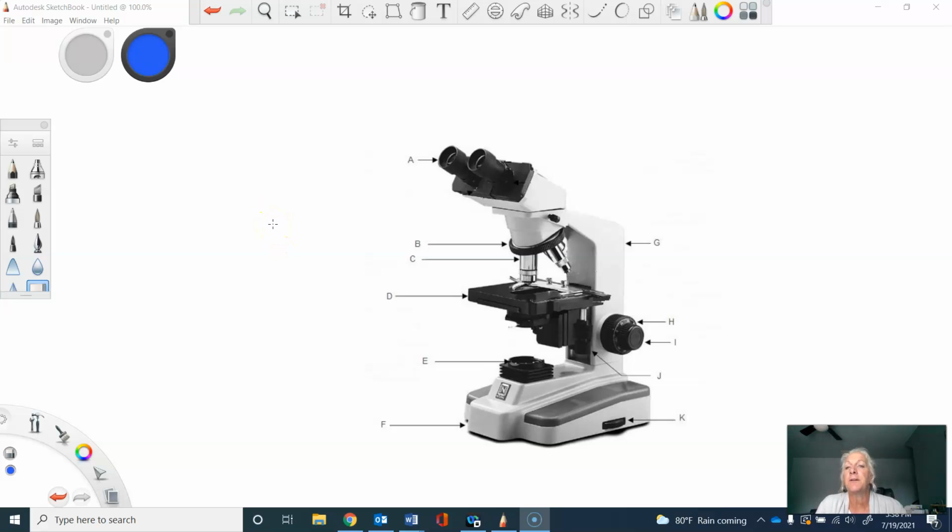So the kind of microscopes that we use are called compound light microscopes. And they're light microscopes because we use a light source to shine through and illuminate the specimen we're looking at.